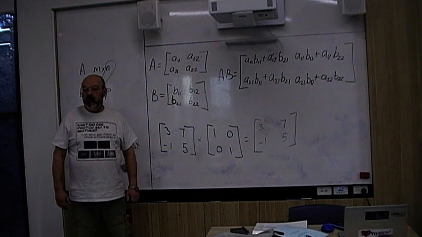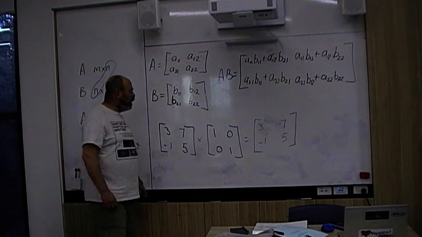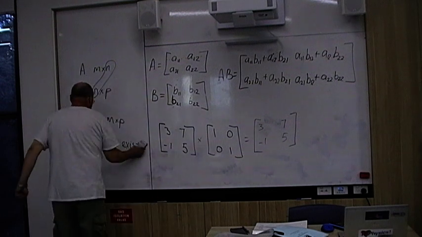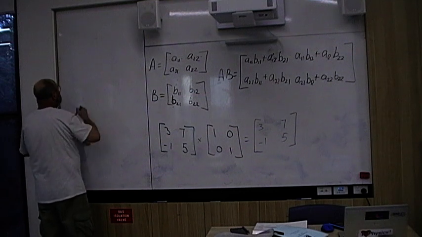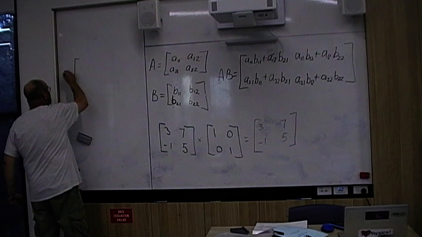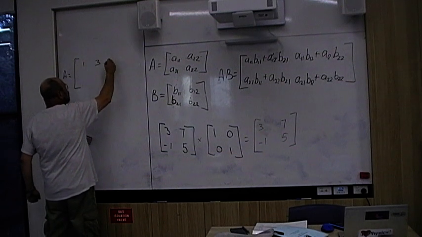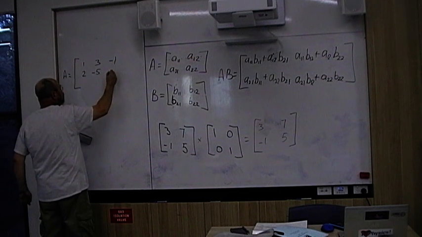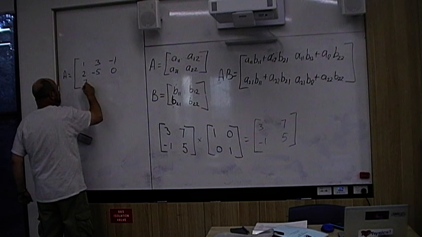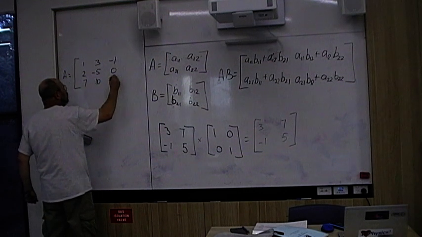Now let's do a small calculator exercise. Let's make two 3 by 3 matrices. Let's say matrix A equals 1, 3, minus 1, 2, minus 5, 0, 7, 10, 2.